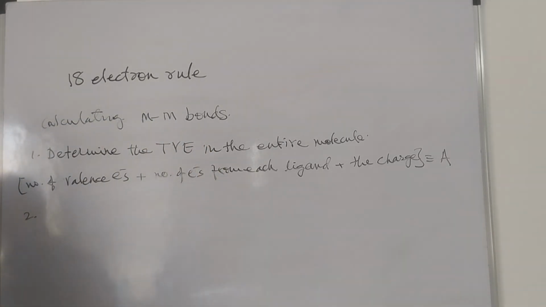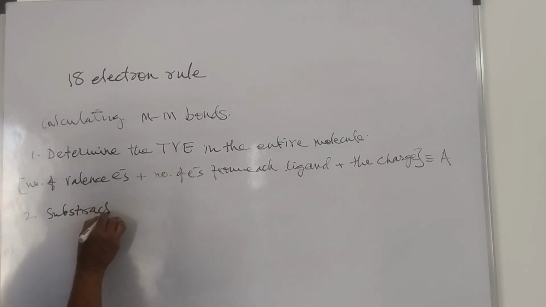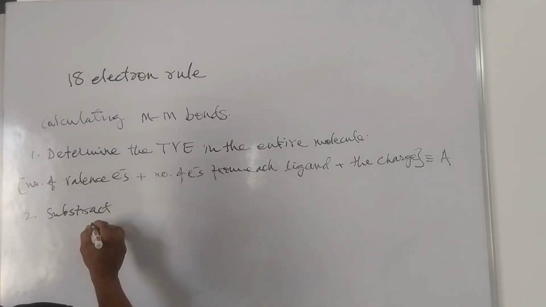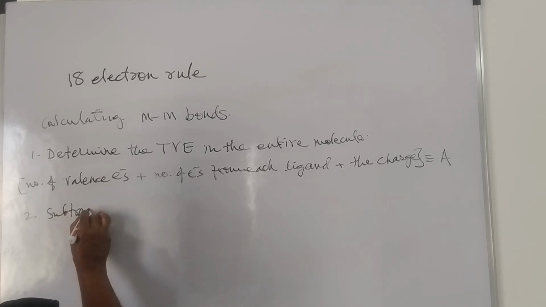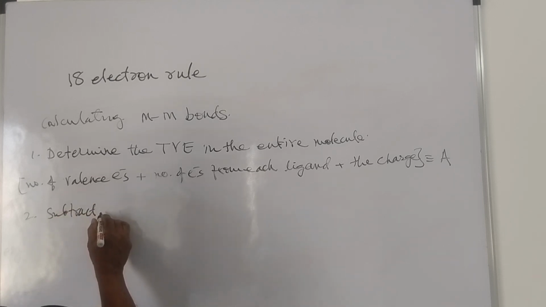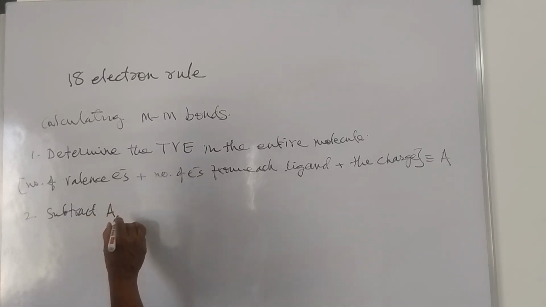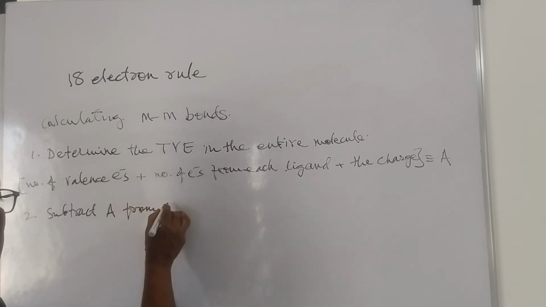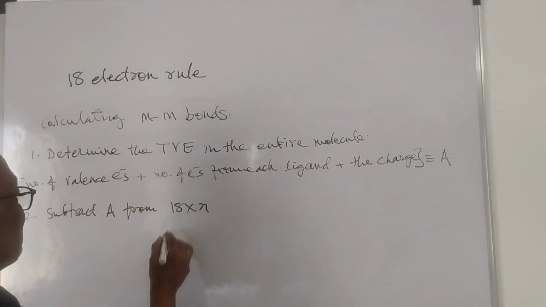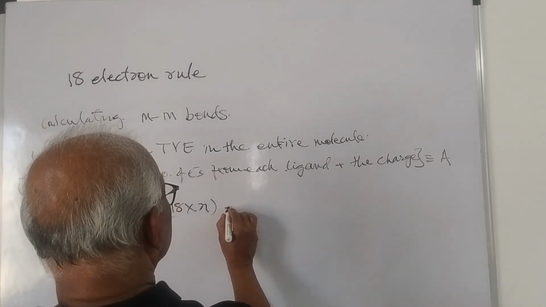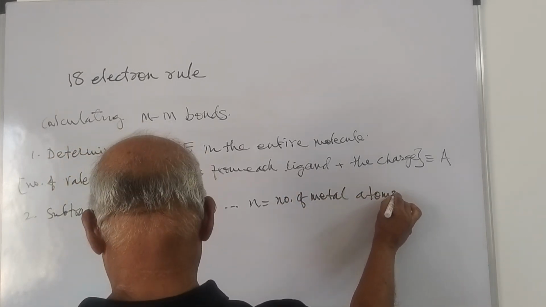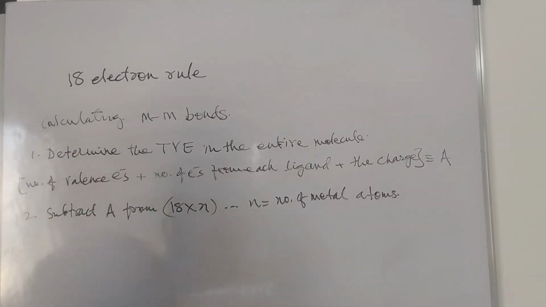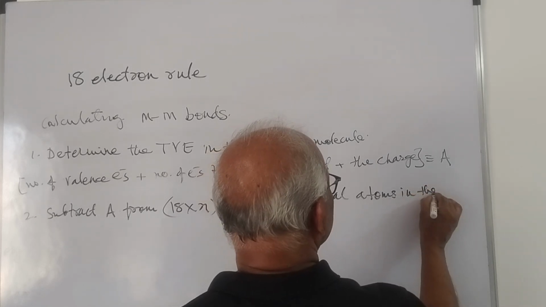Now the second step is to subtract A from 18 into N. Here N is equal to the number of metal atoms in the given complex.